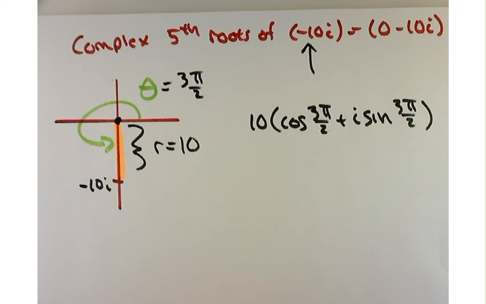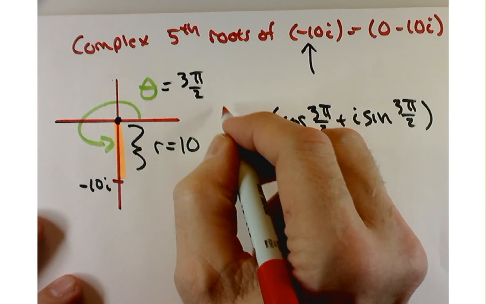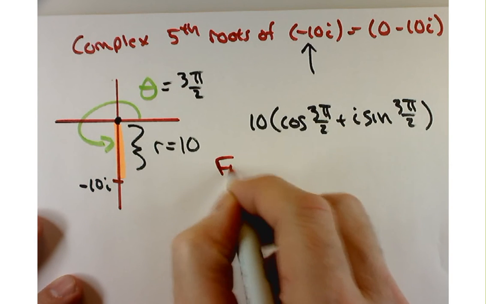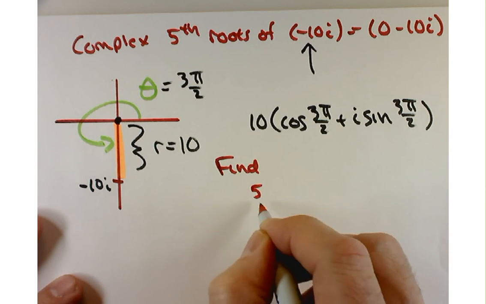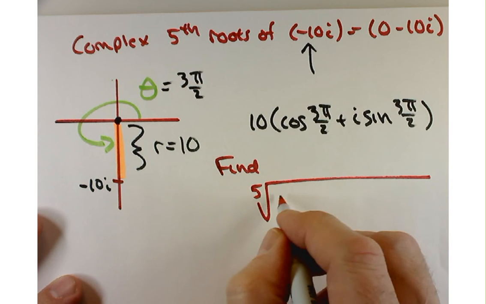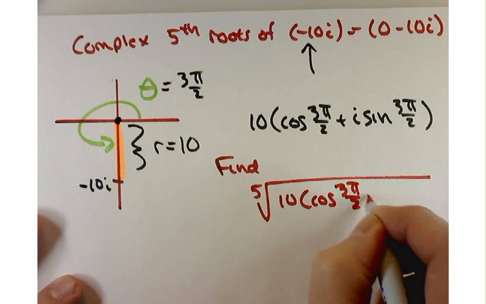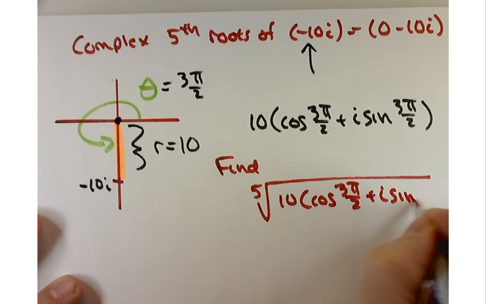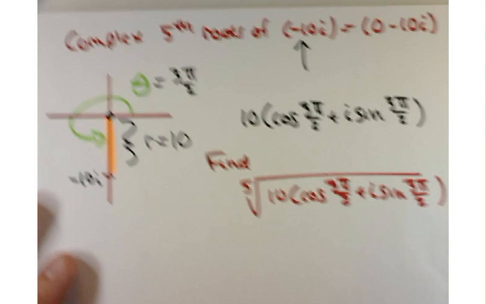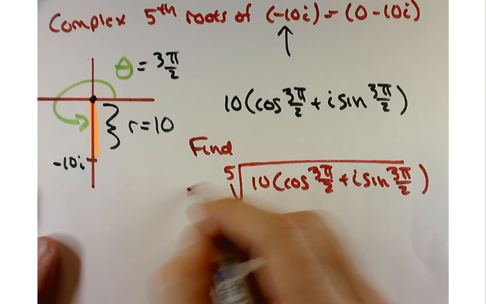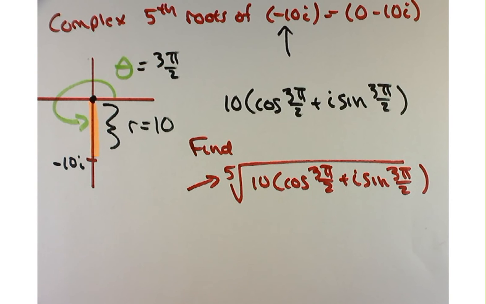And what the problem is asking us for is to find the fifth roots of 10 times cosine of 3 pi over 2 plus i times the sine of 3 pi over 2. This is your n.